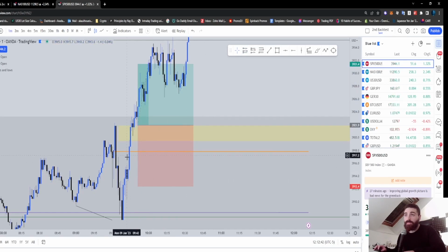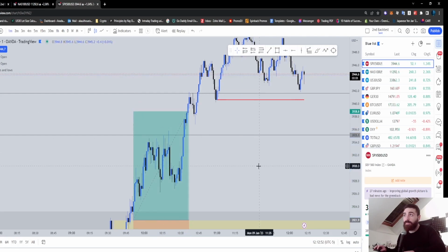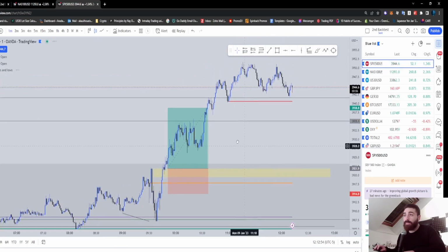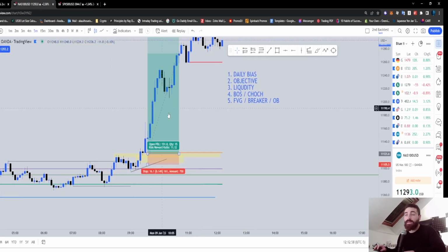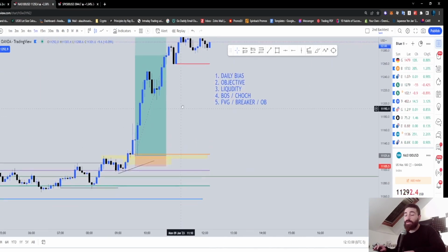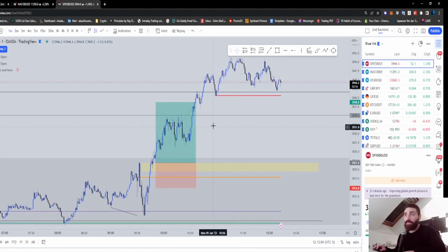We want this fair value gap to stay open, so we can actually put it here as well, and the objective is gonna be right here in the middle. So I prefer this trade on Nasdaq. As you can see, more reward, but I'm showing you what we can do on both charts.